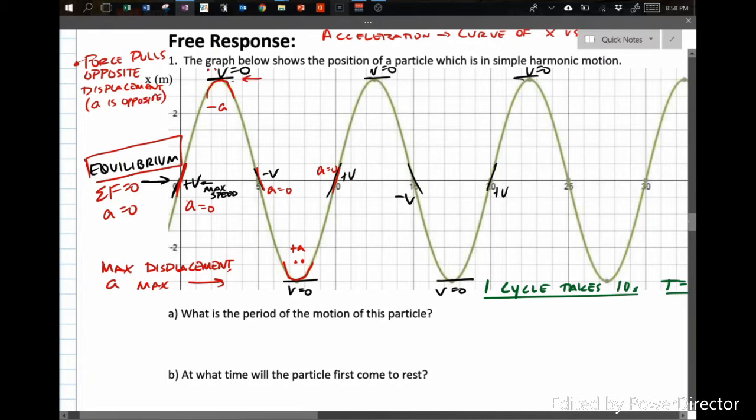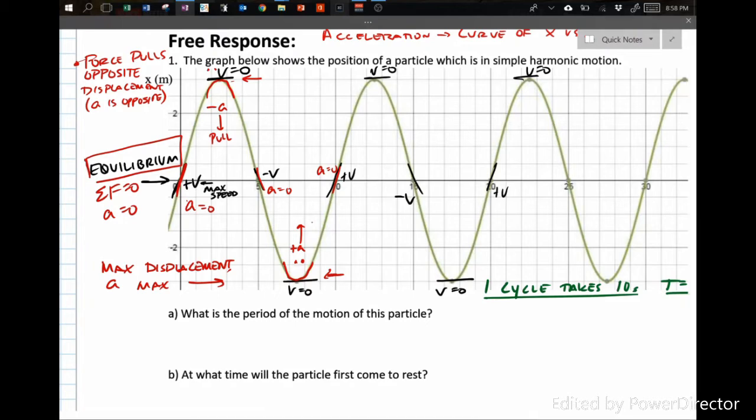So up here, I have positive displacement, but the pull is back towards the origin. So the pull is down, and for all we know, in the negative direction. And then over here, I have maximum negative displacement, and the pull again is back towards the origin. But for what we have drawn here, that's a positive acceleration. Those are the things that we can get from the graph right away without having to do any math.